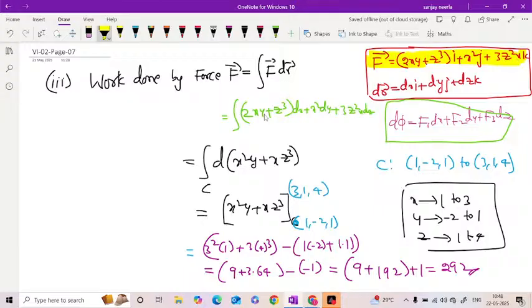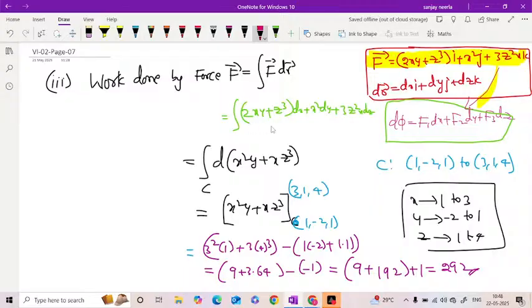So this line integral we have to solve, but there is no need to solve it directly because already this f is an irrotational vector. That means for this vector we can write dπ is equal to f1 dx plus f2 dy plus f3 dz.